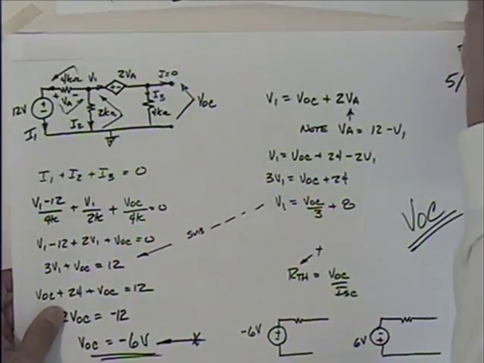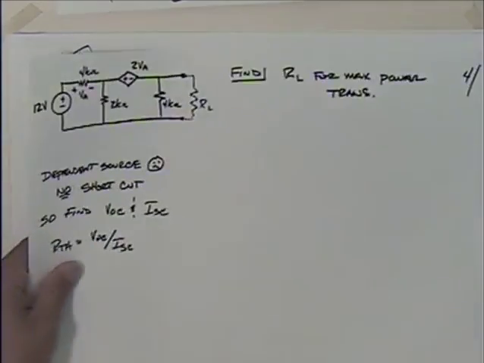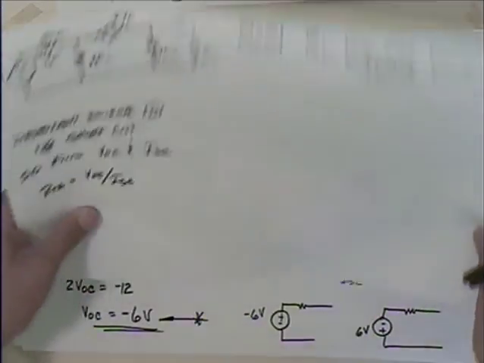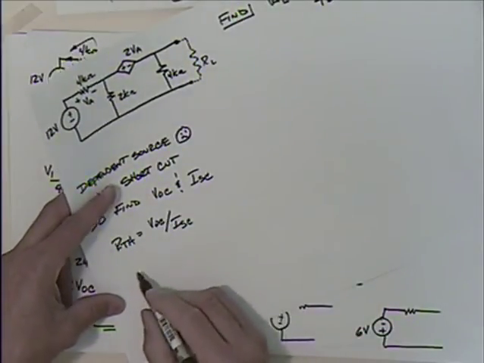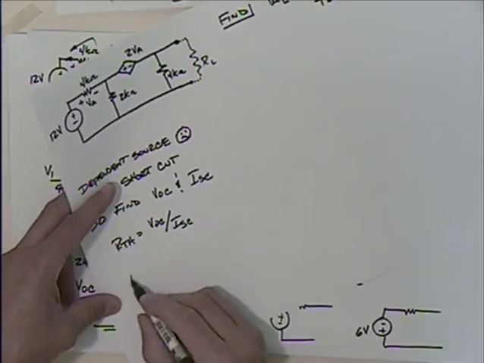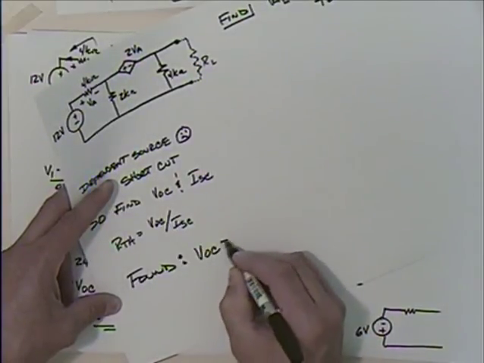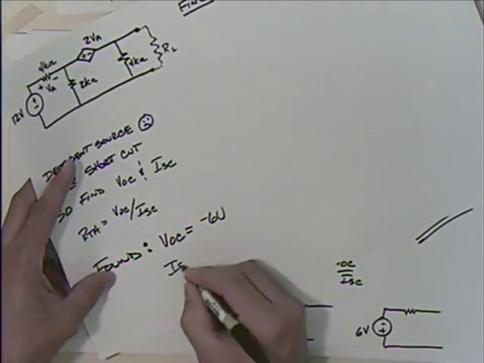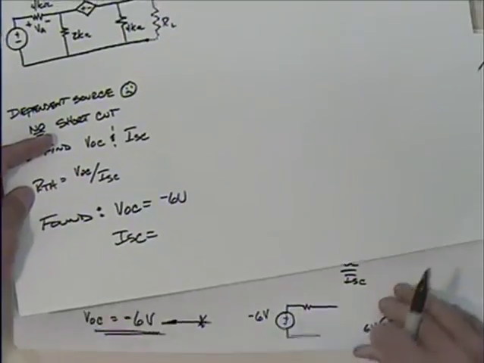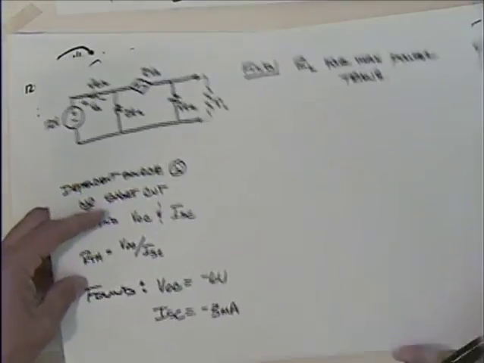Let me back up to page 4. So we said that from our previous work, we found that V open circuit was minus 6 volts, and I short circuit is equal to minus 3 milliamps.